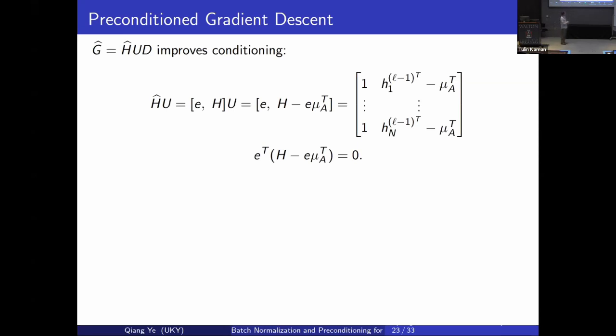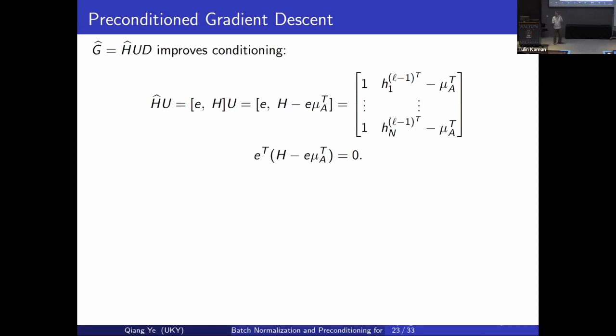Joseph had slides on that this morning. If we subtract each activation by the mean, equivalently E transpose times H minus E mu A transpose is 0.